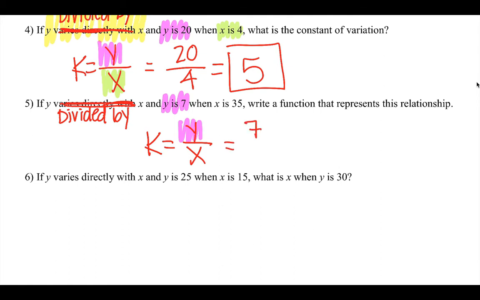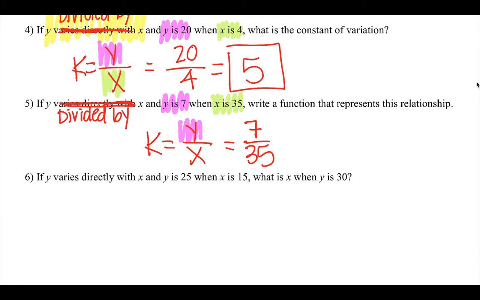And x is 35. So where I see an x, I'm putting 35, right? Well, now option 1, you can simplify if you can see it and you're like, hey, top and bottom both divide by 7, so I'll have 1 divided by 5.